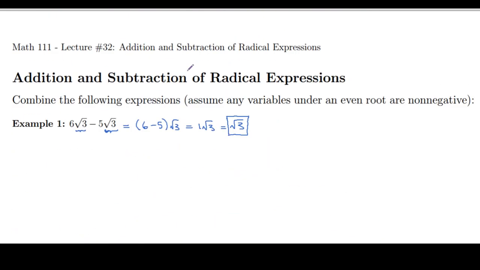Okay, so for our next example, we're going to be simplifying some things that have variables, variable x. But in this series of problems, assume any variables under an even root are non-negative. What that means is, you know how we had that property before that says, if you recall, that the square root of x squared is equal to the absolute value of x.